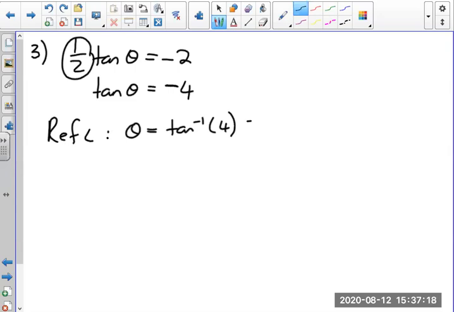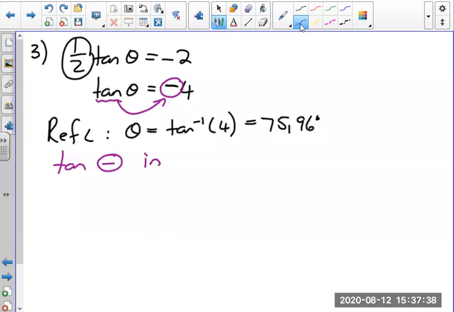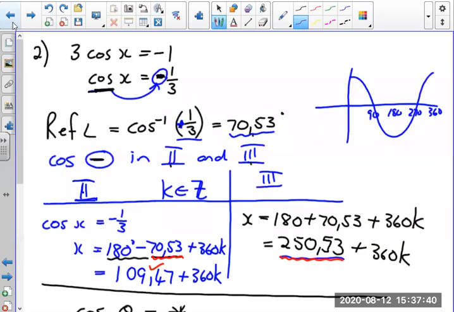And that will give you a reference angle of 75.96. And then you say, okay, but now it's wrong to leave out the sign. So now I must fix the sign again. So tan is negative. So you say tan is negative in quadrants. What did we say?